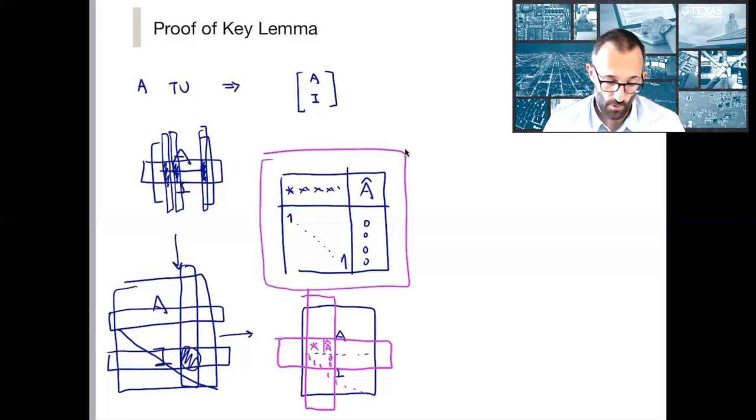And how are we going to do this? Basically, whenever we're dealing with determinants and these types of matrices, we're expanding by minors. How are we going to expand by minors? We're certainly not going to use any of those rows.